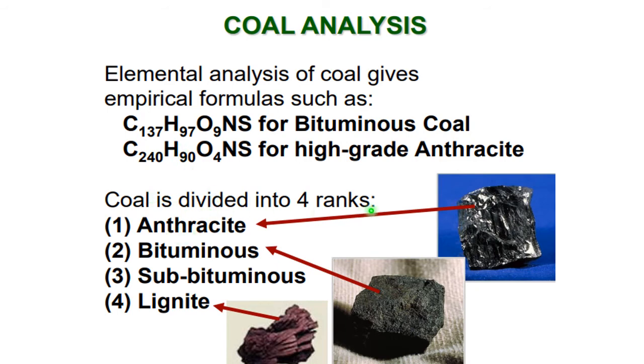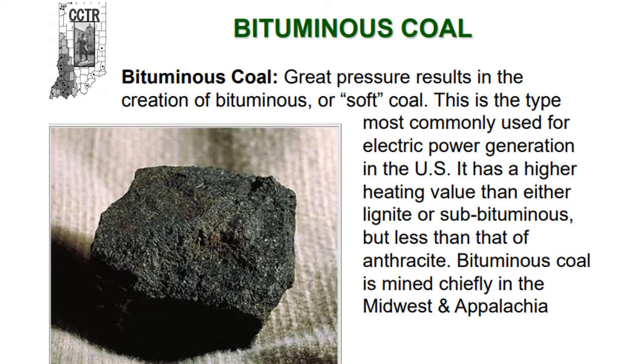Usually the 4 ranks of coal are anthracite, which is shining black, bituminous, black, and brownish lignite, sometimes named brown coal. Bituminous coal forms as a result of great pressure applied on a geological scale.